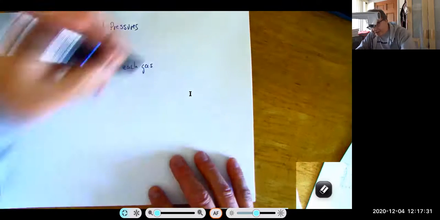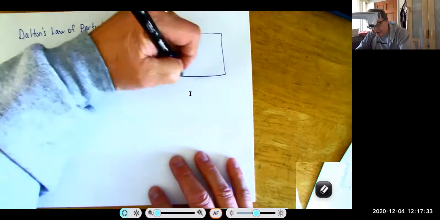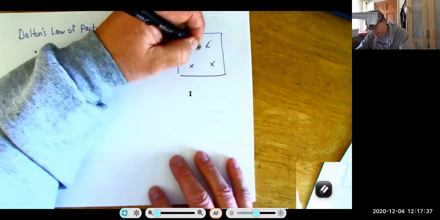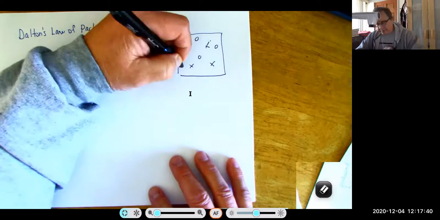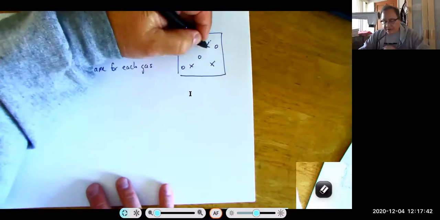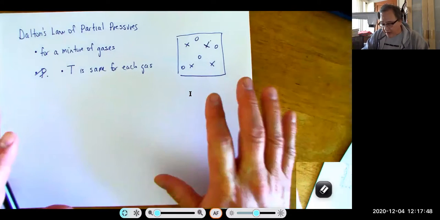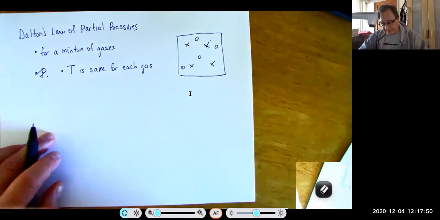So if I have a container here and we've got gas molecules in here, what I'm doing is representing the different gas molecules as either X's or O's. So how many gases do we have in here? 2 gases.